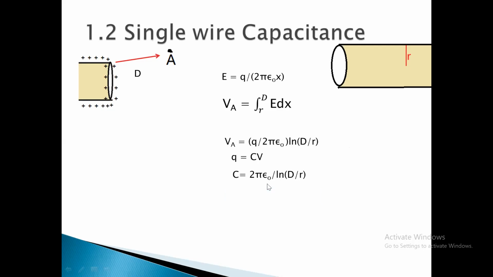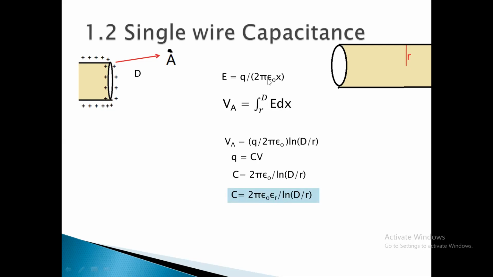Now I am telling you one more thing: this epsilon naught, we can take it as epsilon R. Normally we take the value of relative permittivity as 1. You can put epsilon here, no problem, but normally we take relative permittivity as 1, so I just put 1 here.